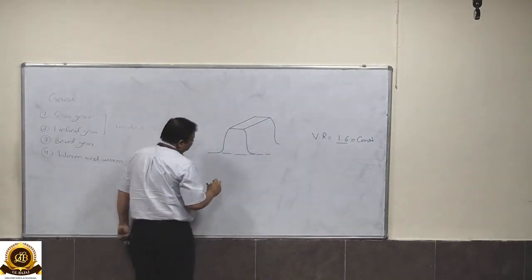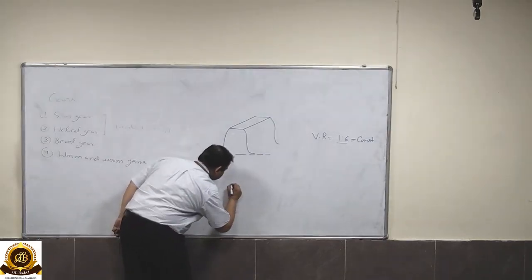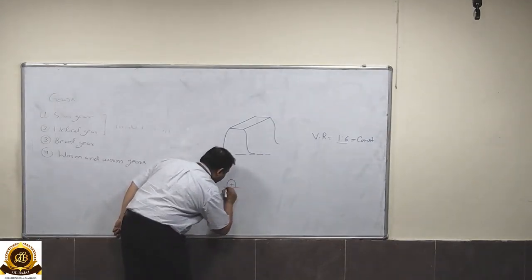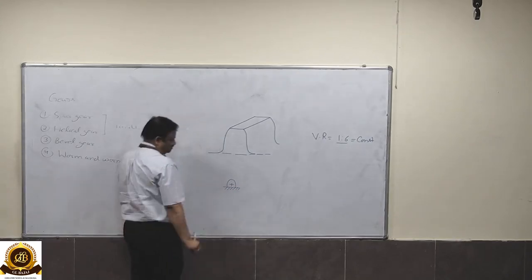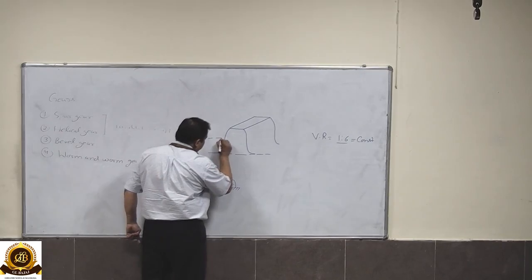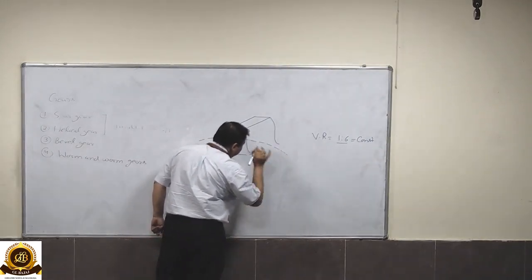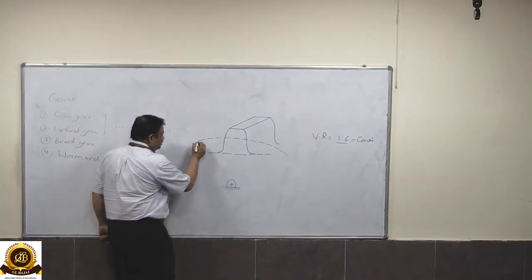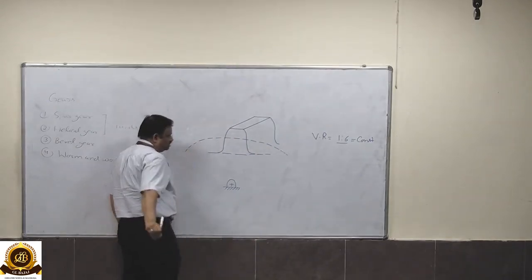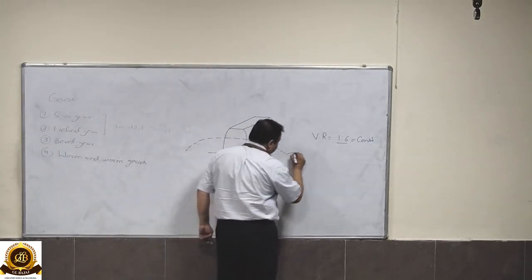now suppose this is a single tooth, and this is the axis of rotation of the gear. If we draw an imaginary circle, this circle is known as the pitch circle diameter.